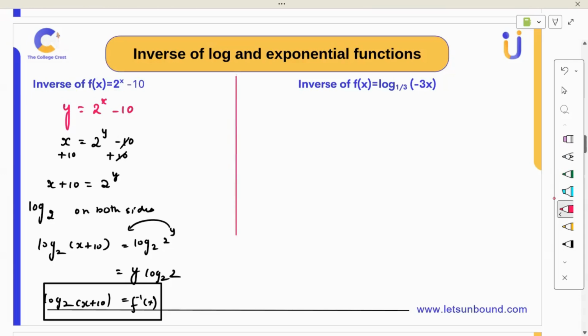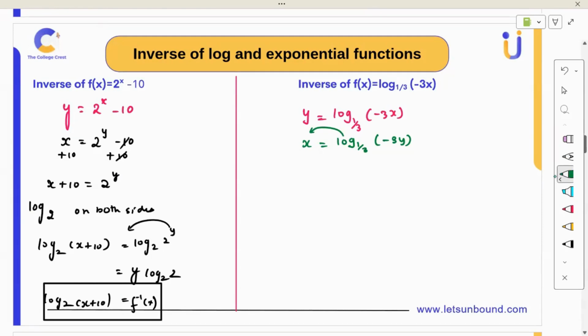Right? Now, starting with the log function and finding the inverse of it, same process, y equal to log base 1/3 of minus 3x. Right? Now, switch the variables. X is equal to log base 1/3 of minus 3y. Now, we need to make y the subject. First, I should take the log to the other side.